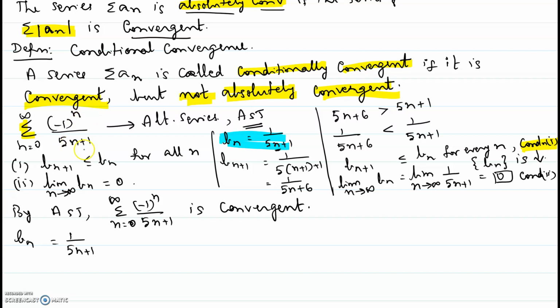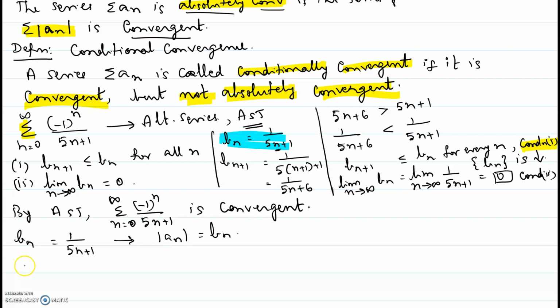That's 1 over 5n plus 1, so this means you are taking the absolute of an, which is nothing but bn. Okay, so we have bn, and then we will choose another series, and then we will either use the limit comparison test or the ordinary comparison test.